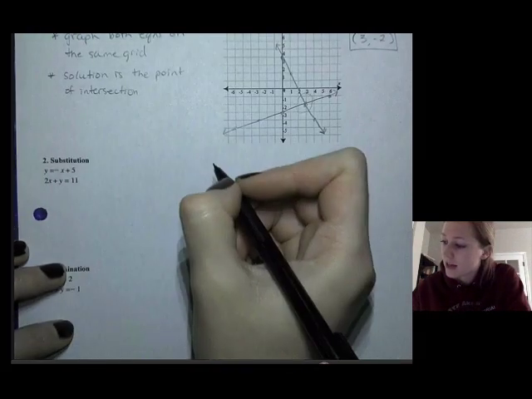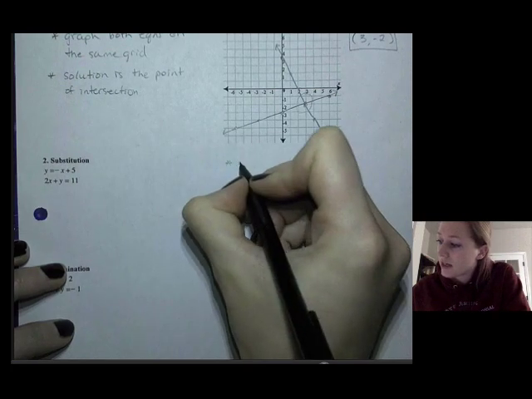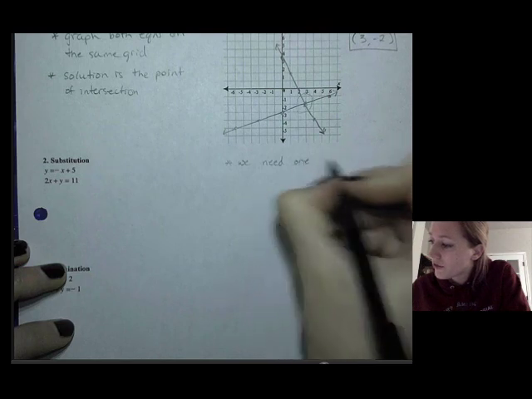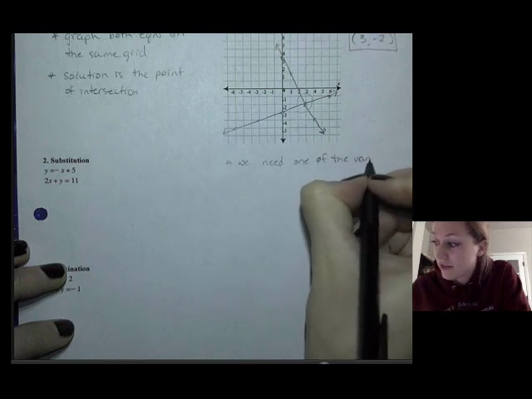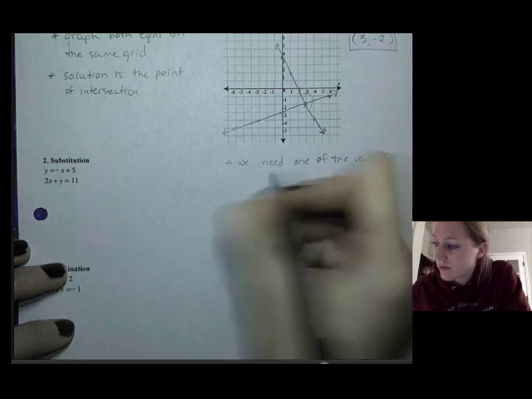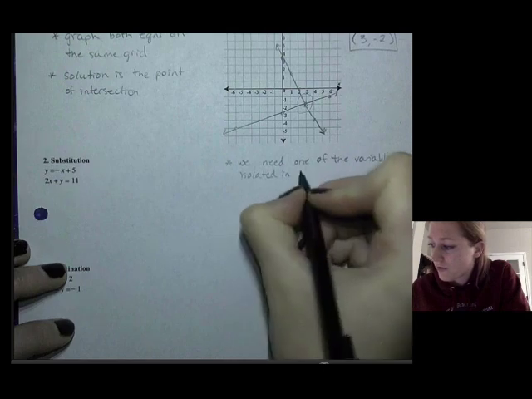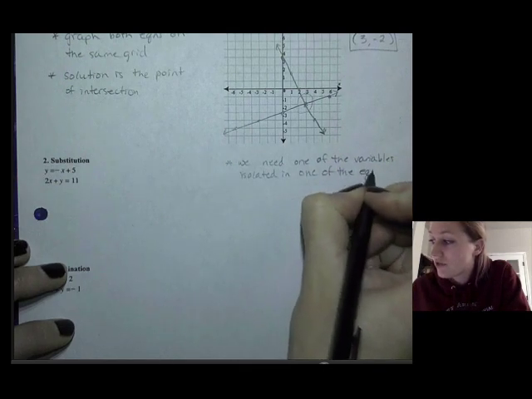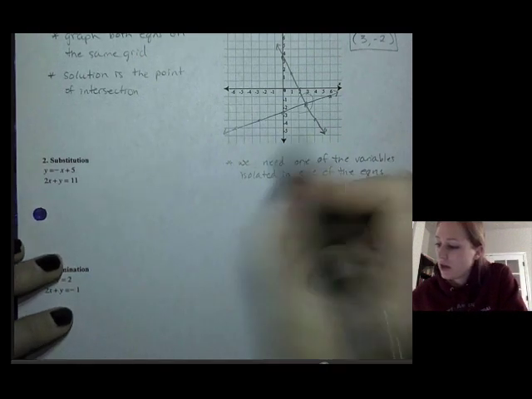The key idea with this one, I'm going to write my notes over here, is we need one of the variables isolated, or by itself, in one of the equations. If it's not, we need to rearrange the equation so that it is.